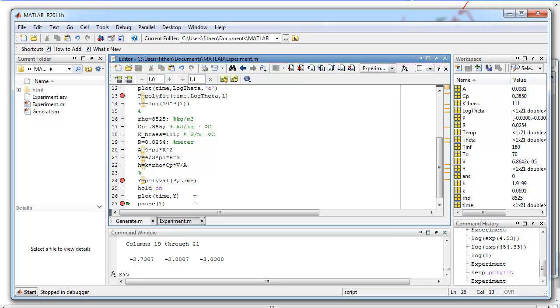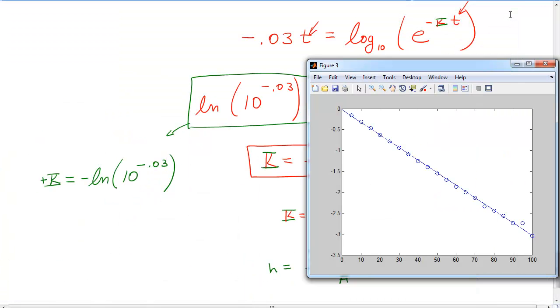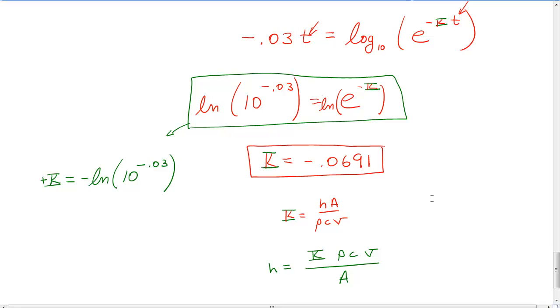So at this particular point, I have my h value. My h value ends up being equal to 2.